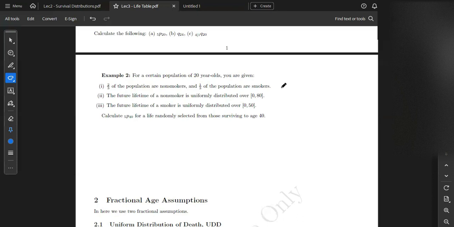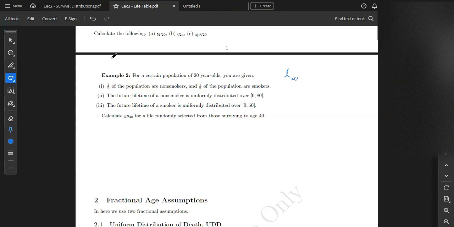But for sure, since they have specified that the population is 20-year-olds, there is a possibility of using L20 for some calculations, because this is the corresponding number for the number of survivals of this population at the beginning of the 20th year. So this number includes both subpopulations. And then we can incorporate this first point into the calculation.